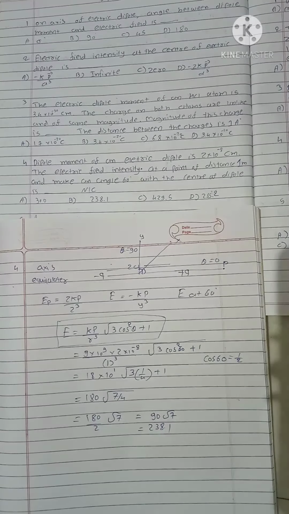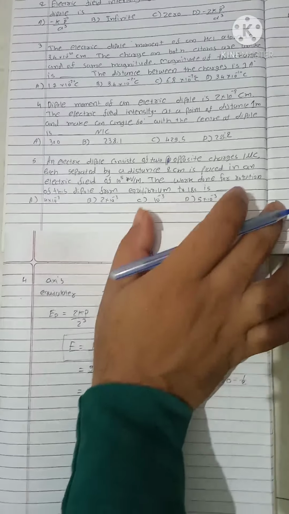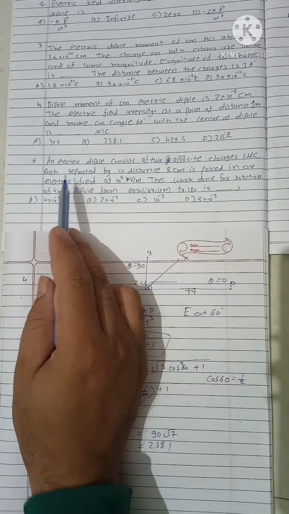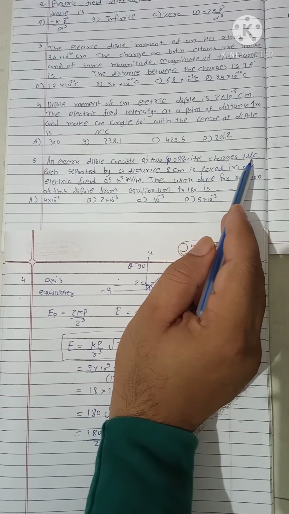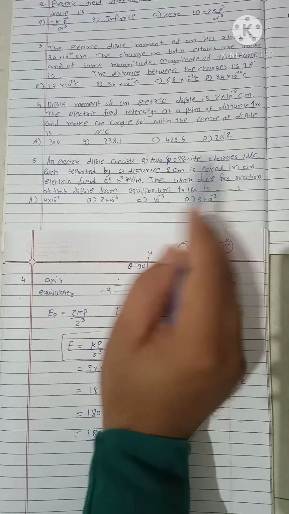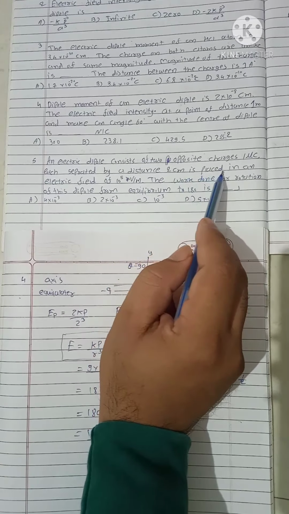Okay, and see the last MCQ. An electric dipole consists of two opposite charges of 1 microcoulomb each, separated by a distance of 2 cm, and is placed in an electric field of 10 raised to 5 volt per meter.